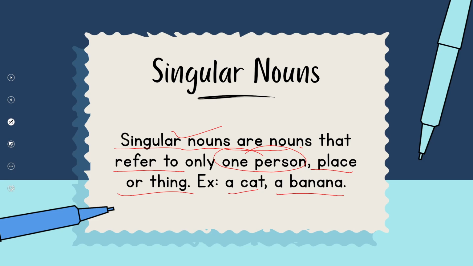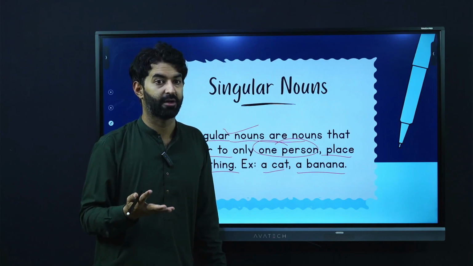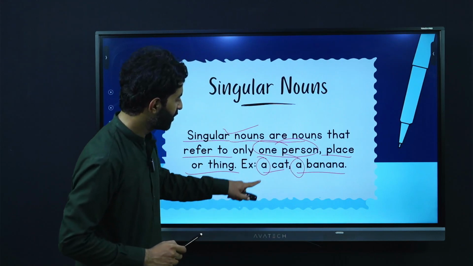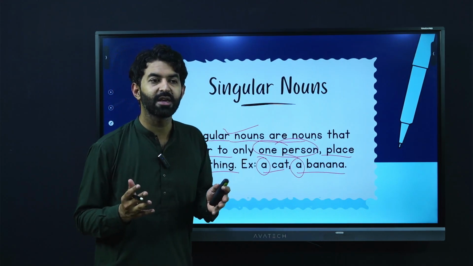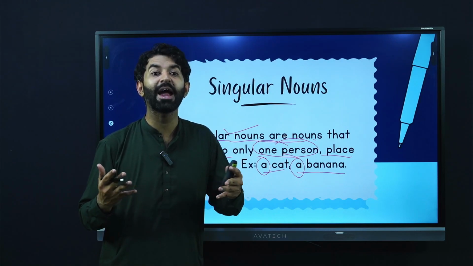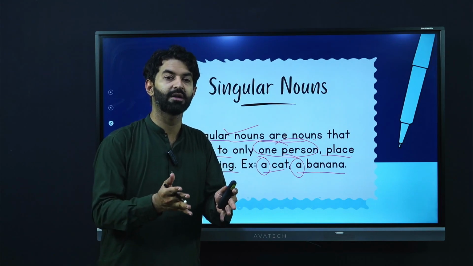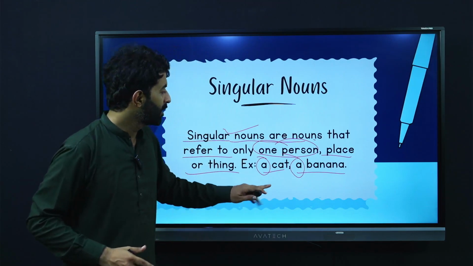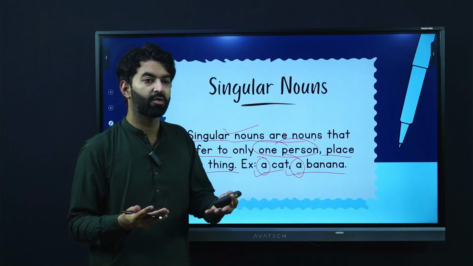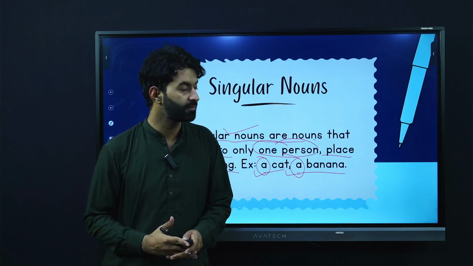In order to refer to it, we use the article a. Okay? If there are more than one cat, we don't say a cats. We say cats. We remove the article a before it. So this indication of using a before a noun tells you in a very good way that it is a singular noun.